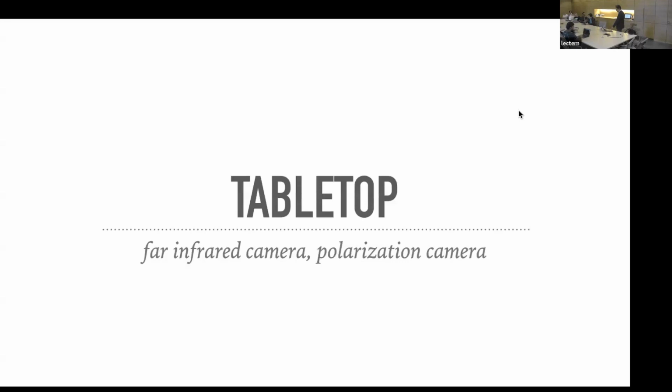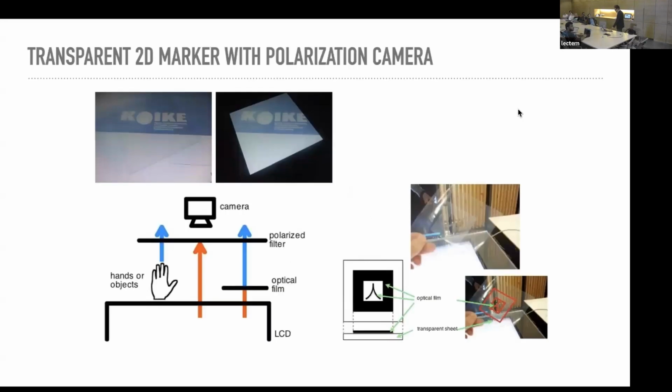The first one is interactive surface technologies, which Judy mentioned just now. I worked on transparent 2D markers on LCD displays. As you know, 2D markers are always used on interactive surfaces, but a 2D marker is a black and white pattern, which has no meaning for humans.